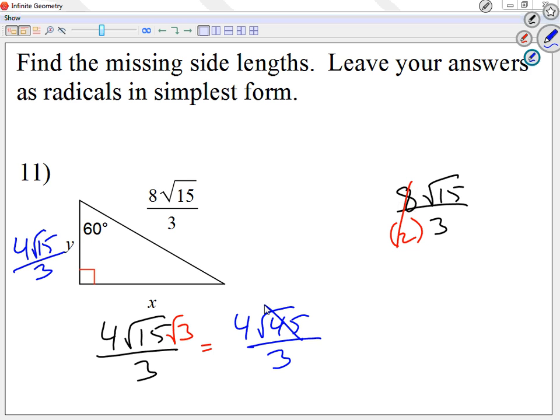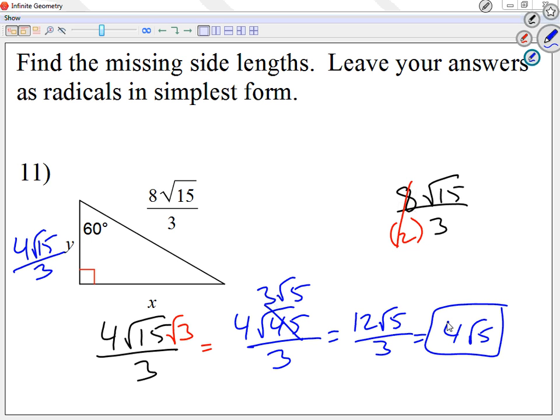Radical 45 by itself is 3 radical 5. So technically on the top, I have 12 radical 5 over 3, which is better known as 4 radical 5. What's there for radical 5? 12 divided by 3. Oh, so 4 radical 5.